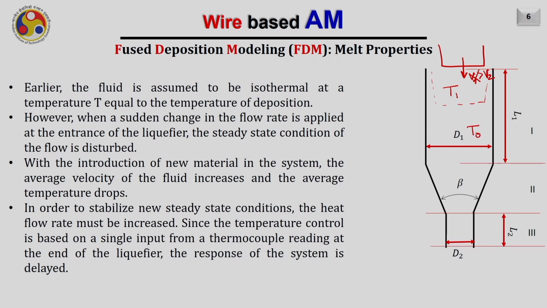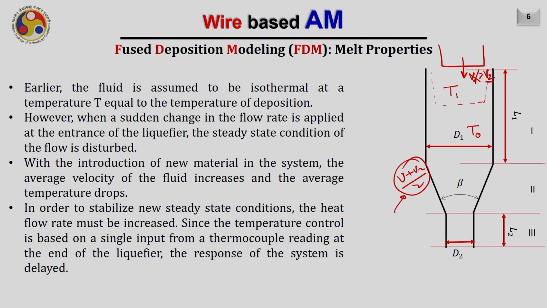With the introduction of new material in the system, the average velocity of the fluid will also increase, because now this velocity V2 is there and earlier the average velocity was V1 or V. Now the average velocity will be (V plus V2) by 2. This is an approximate calculation, and the average velocity will increase in the entire region.